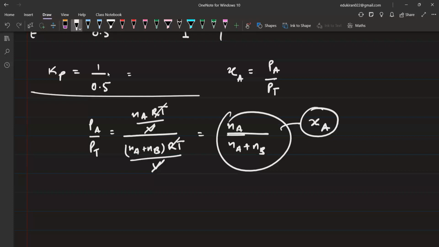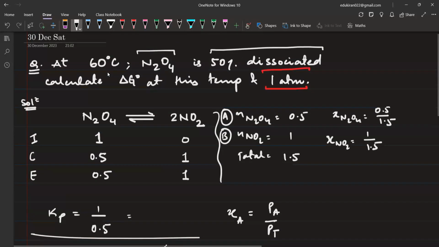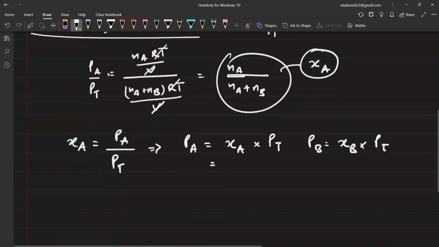Yes. So now we can say that chi A, the mole fraction, is equal to partial pressure due to A divided by the total pressure. And from here we can calculate the partial pressure due to A will be equal to the mole fraction of A into the total pressure, and the partial pressure of B will be equal to the mole fraction of B into the total pressure. And chi A, we have got as how much? 0.5 upon 1.5, into total pressure 1.